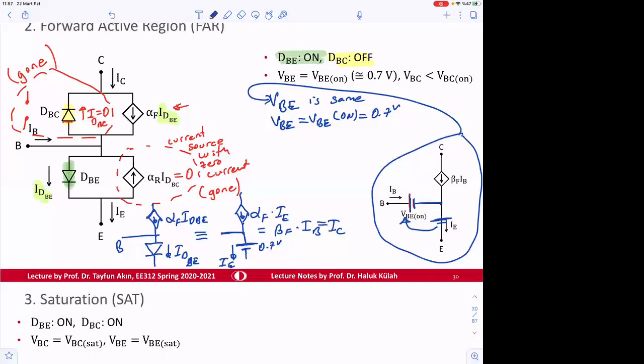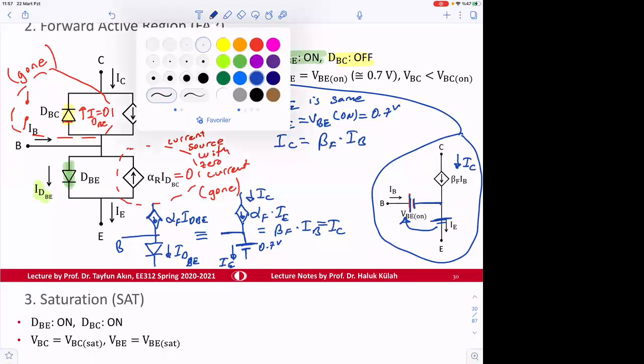So nothing changes in here. In terms of current, IC doesn't change. Here it was IC, and it is still IC, and IC is equal to beta F times IB. I can put check marks here.